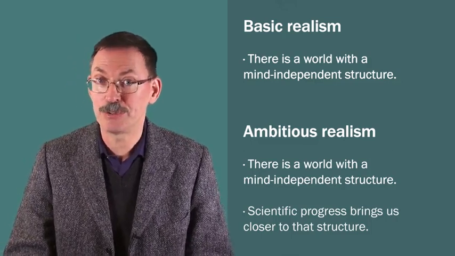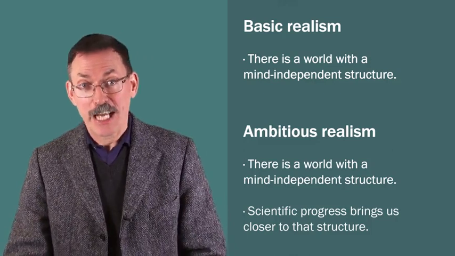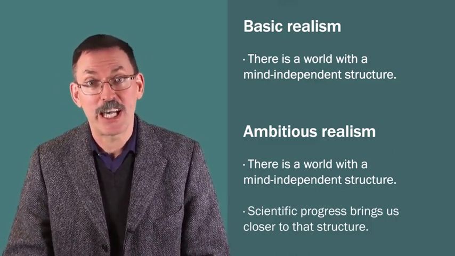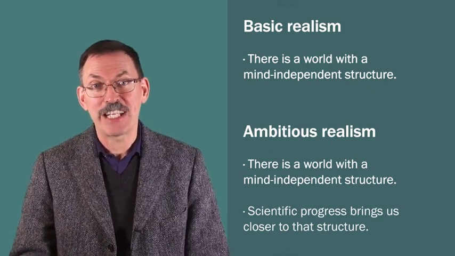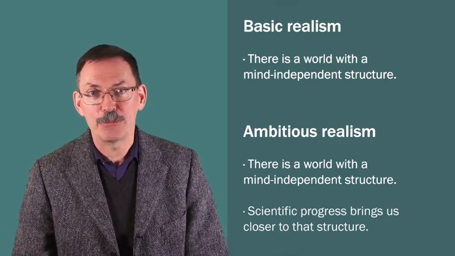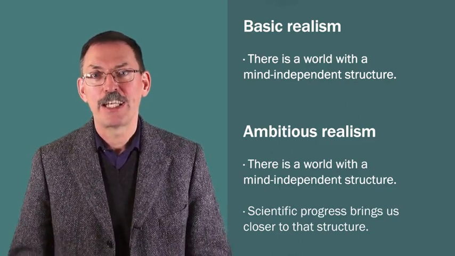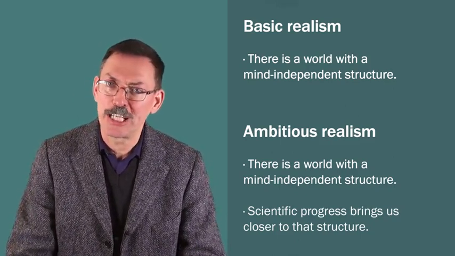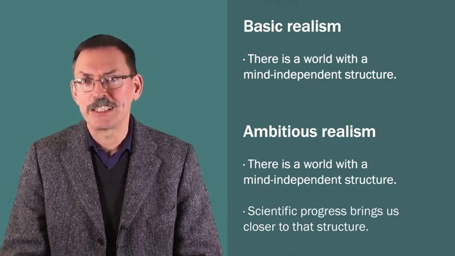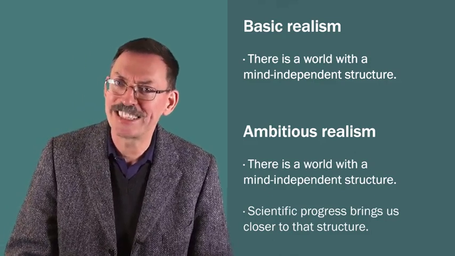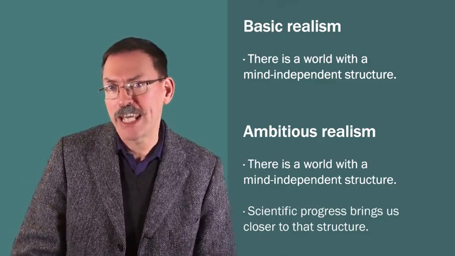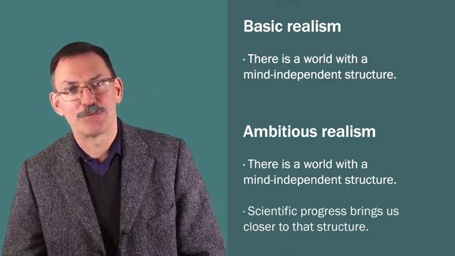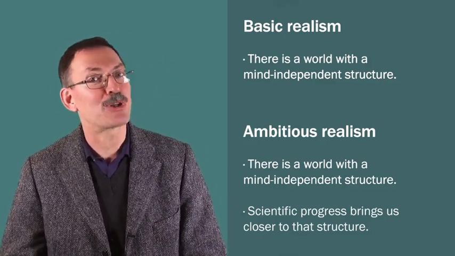Kuhn, for example, to take another case, does think that there is progress in science. He just doesn't speak of it as us coming ever closer to the ultimate structure of reality. He rather prefers to turn it around and say, well, there is some progress in that we eradicate more and more of our mistakes. But of course, if we eradicate more and more of our mistakes about nature, there is some sense in which we make more contact with nature.